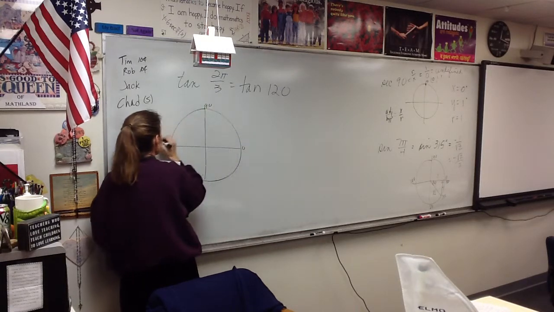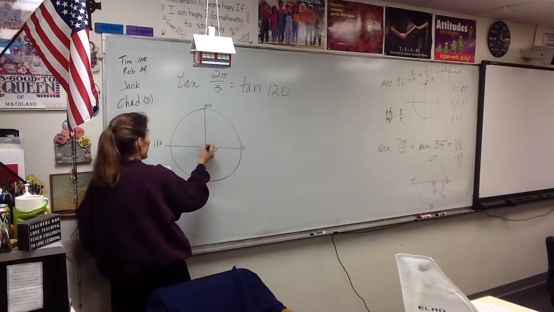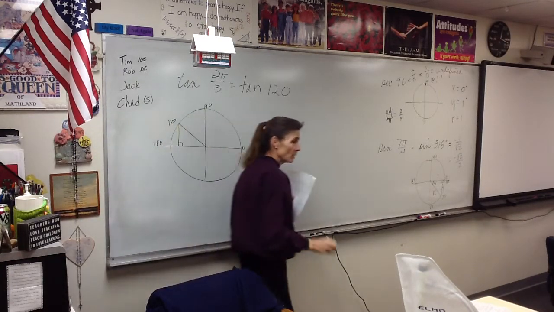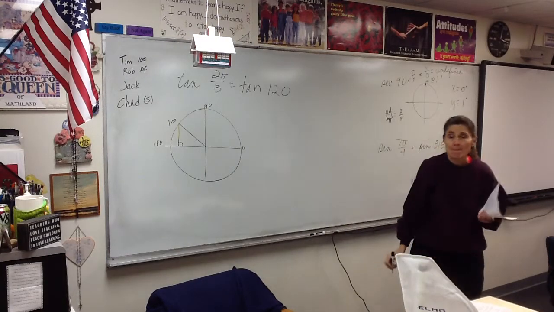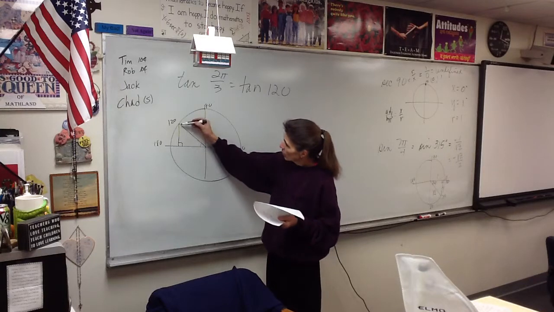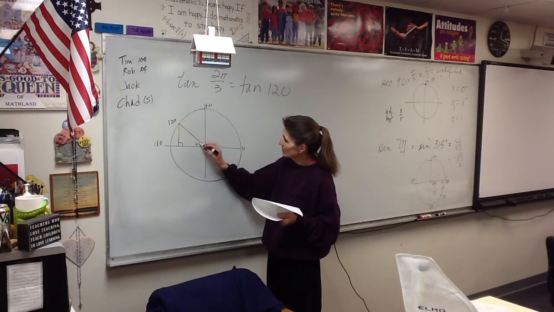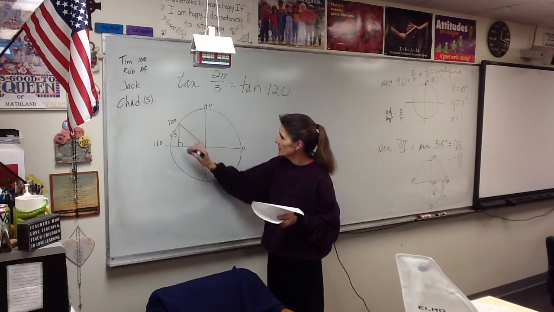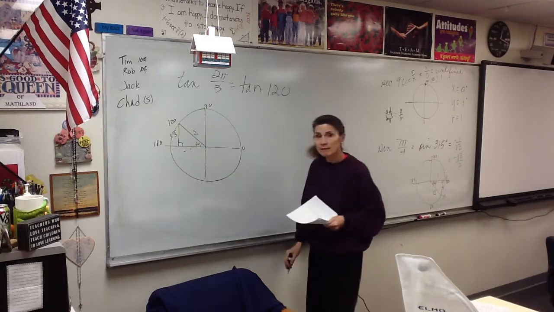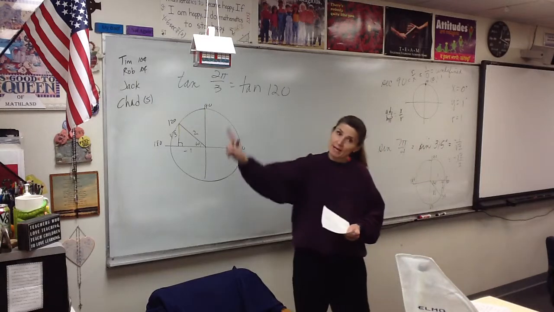Remember, these are standard trigonometric angles, so 120 is going to be right here, in between 90 and 180. I need this angle. From 120 to 180 would be 60 degrees, so this is a root 3, this is a 1, this is a 2, and this time that one is negative because we're going left and up.